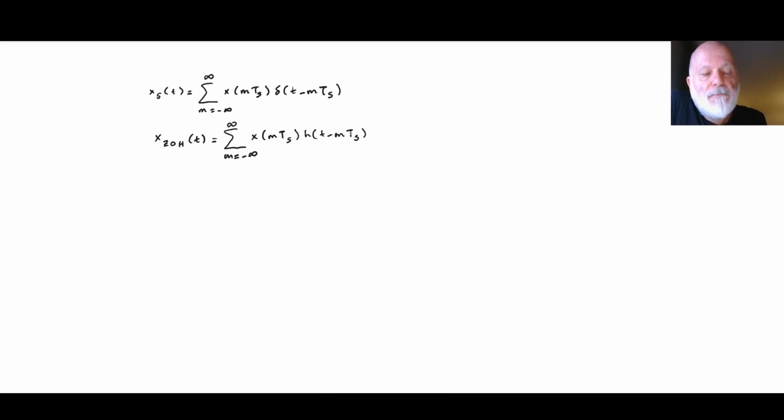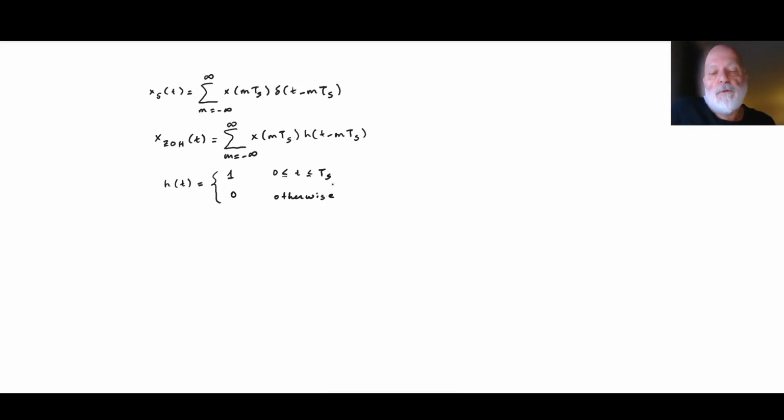Here h is a very well behaved function, and we have defined h of t as the rectangular pulse which is equal to 1 from 0 to Ts and 0 otherwise.